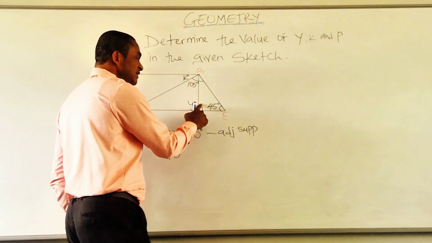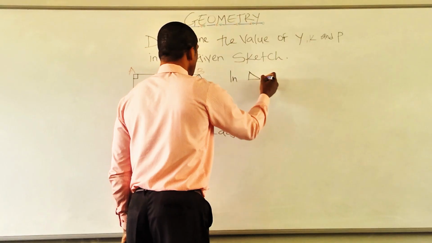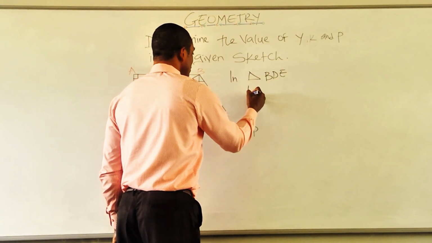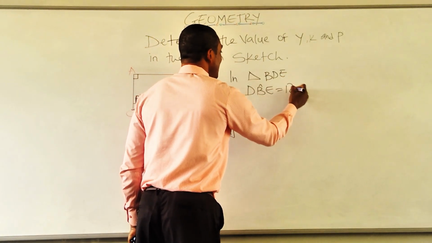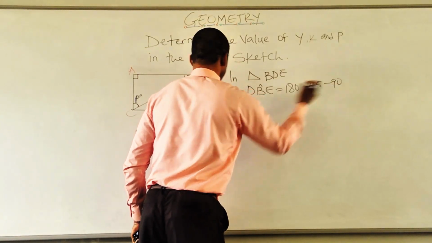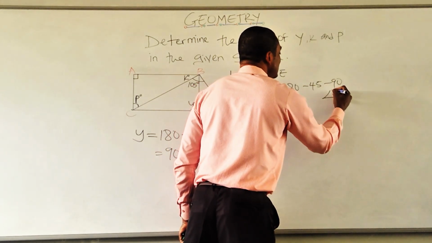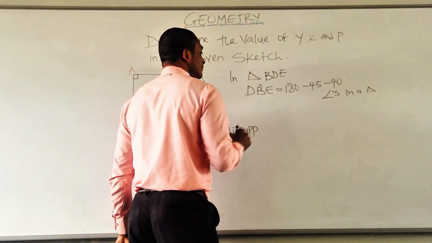If this is 90 and this is 45, we can say in triangle DBE, angle DBE is equal to 180 minus 45 minus 90. This is 90, this is 45, they were given, and this is the sum of angles in a triangle.